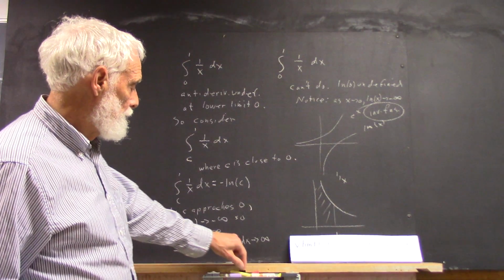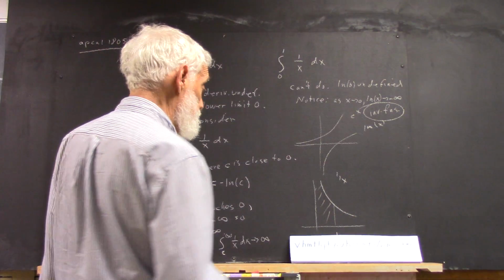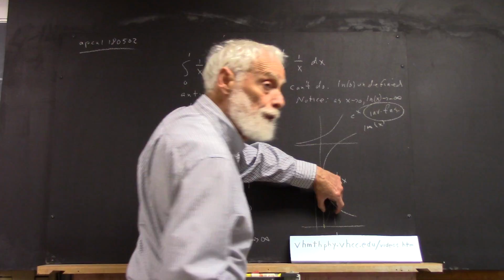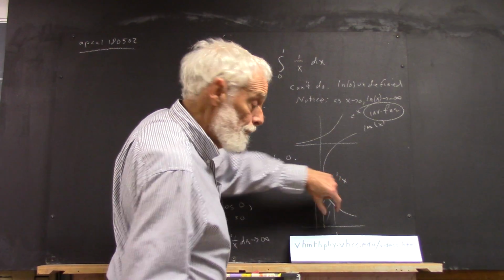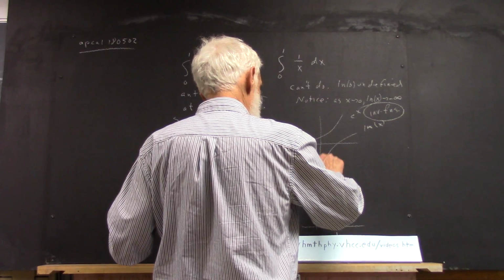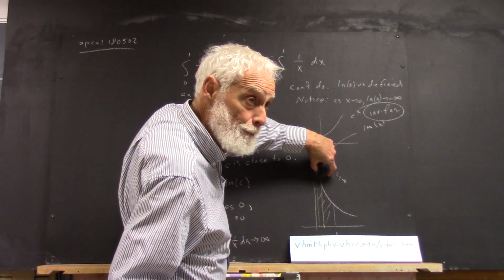So if we go to the picture of our 1 over x function, if x is here, well, we just have this area. It's a finite area, right? Now, if x goes closer, it's going to come up much higher. You're going to have a bigger area, right?